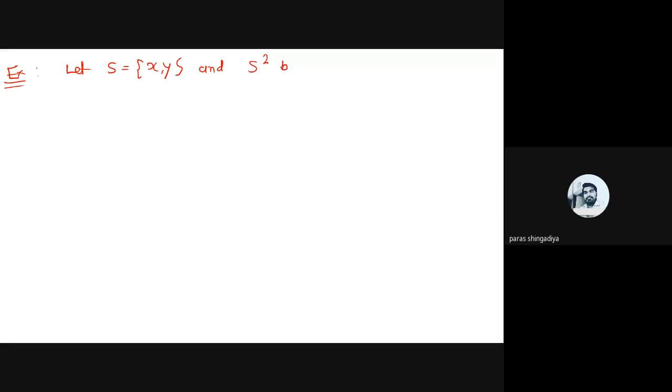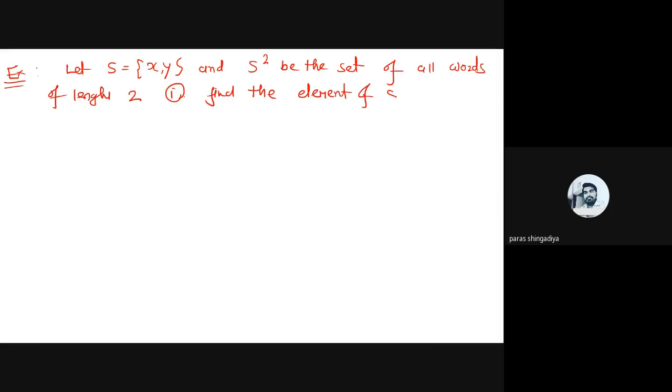S square is the set of all words of the length 2, and first we'll find the elements of S square. The answer is easy, there is just one empirical form of this example.